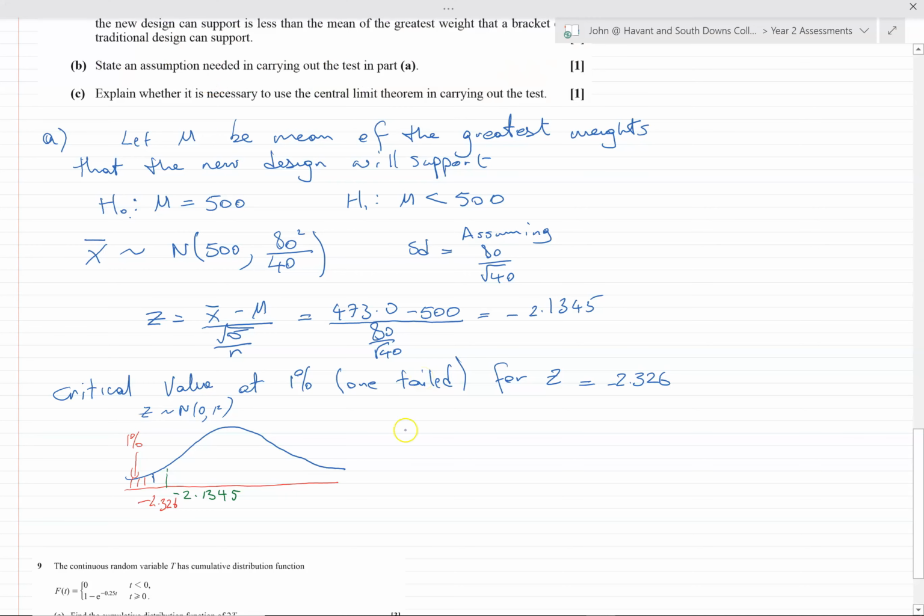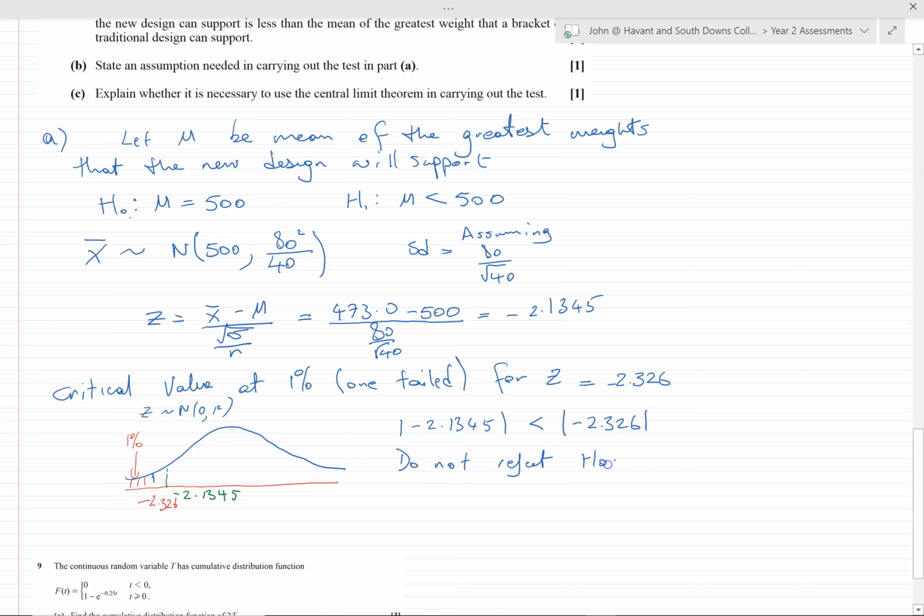But let's come to the appropriate conclusion with the reasoning. Let's modulate the answer. So we've got minus 2.1345, which is our actual value, and its modulus is less than the modulus of the critical value. It's okay not to modulate, but then you'd have to have the inequality the other way around. I prefer to modulate to have it consistent as if you were on the other tail. So therefore we can say: do not reject H0.